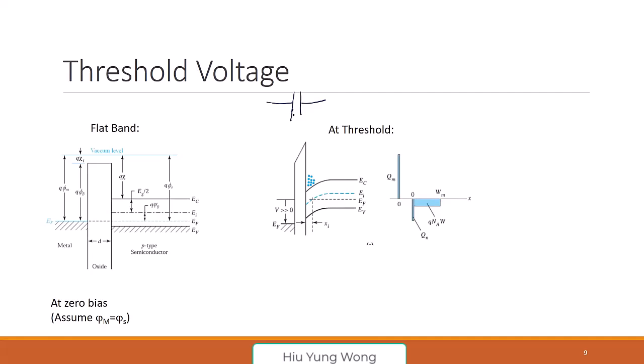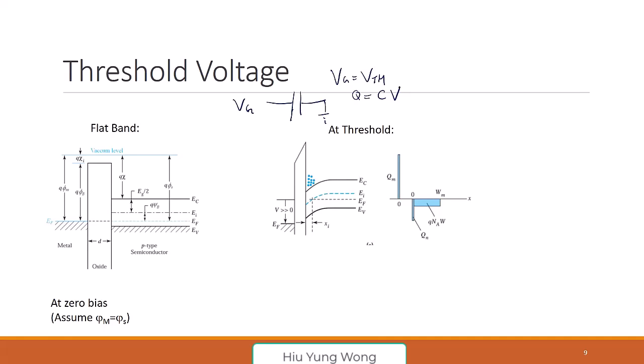Of course, I connect this to ground. This is VG. At this point, VG equals VTH. Based on the capacitor, I know how much charge I have: Q equals CV. This is just a capacitor.